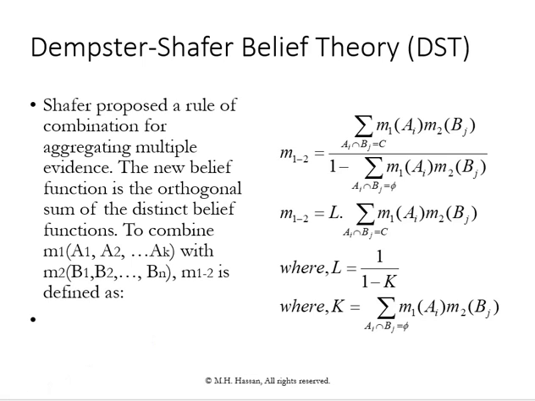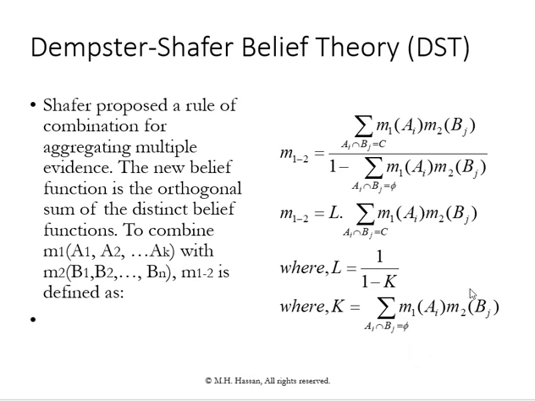So to combine membership 1 for objects A1, A2 up to Ak, with membership 2 for objects B1, B2 up to Bn, m12 is defined as follows: the sum of m1(Ai) m2(Bj) for all intersections of Ai and Bj that are equal to C, in the real set of hypotheses, divided by a normalizing factor, which is 1 minus the sum of m1(Ai) m2(Bj) where the intersection of Ai and Bj is equal to phi, the empty set. So those are the evidences which do not contribute to any object.